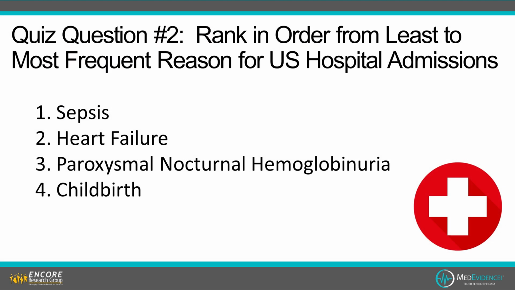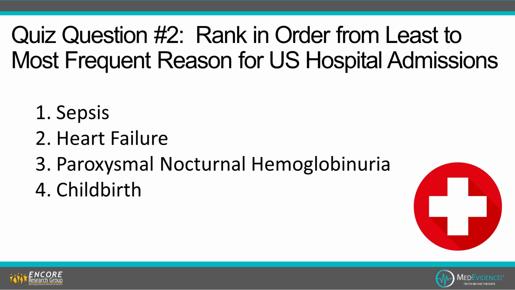Rank in the order from least to most frequent reason for U.S. hospital admissions. Who here plays trivia? A group of them. So one of the things that they like to do at trivia contests is give you a bunch of things that are hard to discern and ask you to put them in rank order. So they'll say, like, from east to west, how do these towns line up? And they'll be really, really tricky to know.